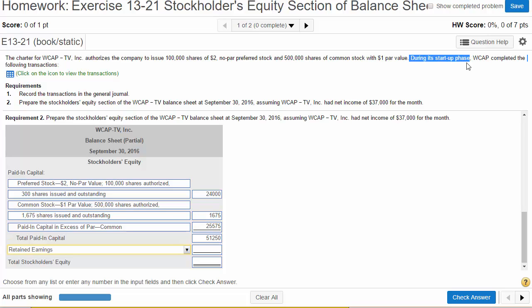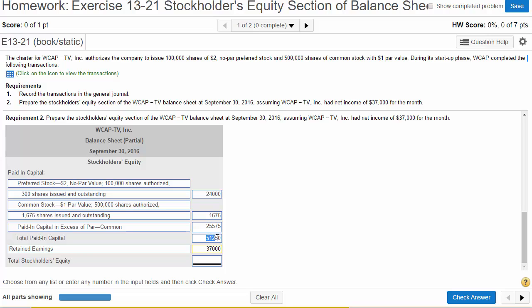What startup phase means is this is the company's first period of existence. So this is their first time period. In fact, this is for September 30th, and we notice we have net income of $37,000. So that is our retained earnings. Now, if the company existed before this, we would have to know what the balance of retained earnings was before. But since this company is new, this is our very first net income. So that's the amount that we put into retained earnings.